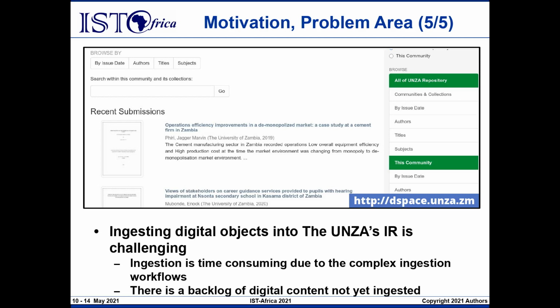Now, the main problem associated with making available this content, at least this is specific to the University of Zambia, turns out to be more linked to the fact that there's a shortage of human resource that have been tasked to ingest or to deposit this research output in the institutional repository, right?